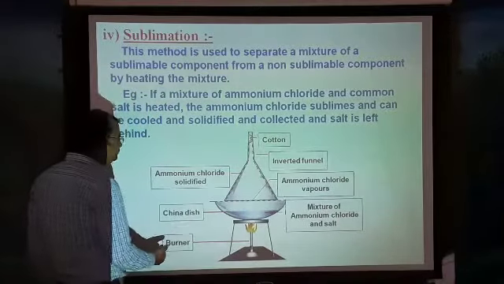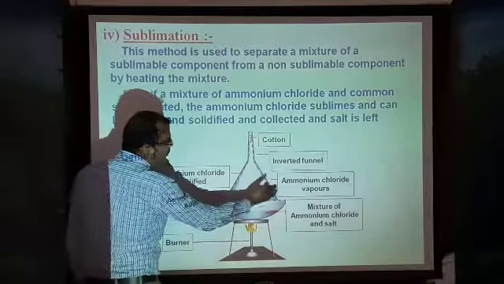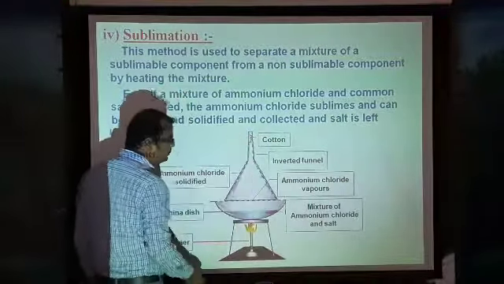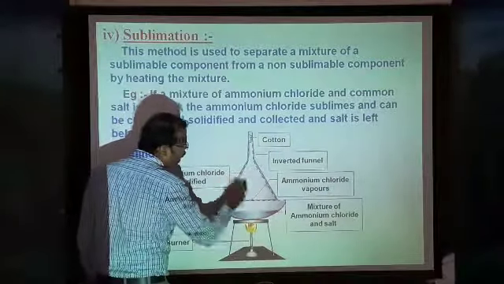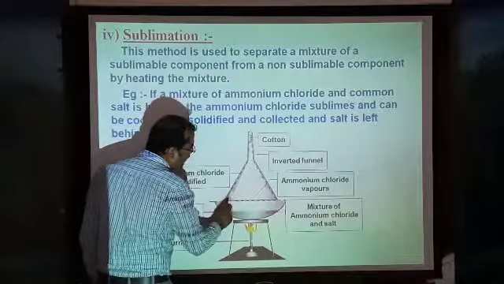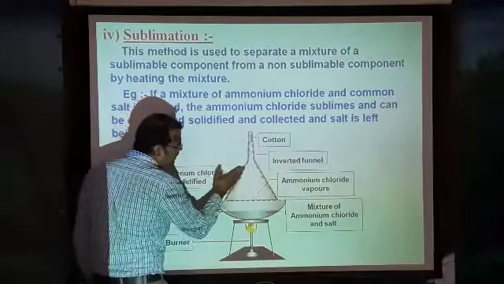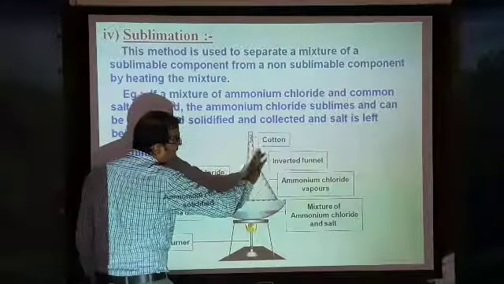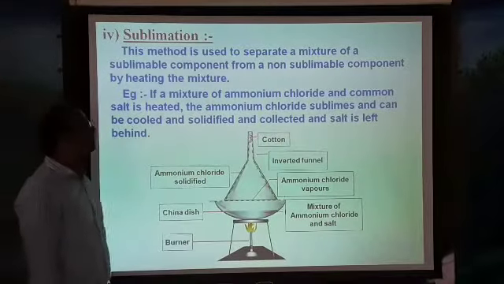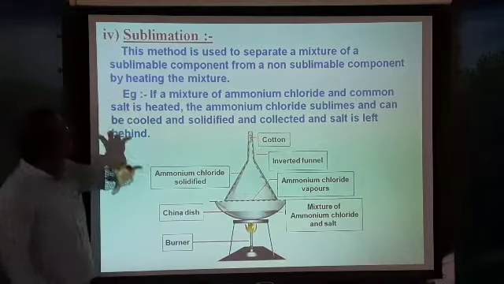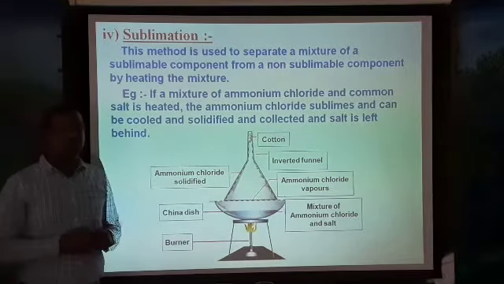What happens when we heat? The ammonium chloride vaporizes, and after some time it gets cooled, and the ammonium chloride solidifies and sticks on the inner surface of the funnel. So this is one of the methods used for separating the components from the mixture.